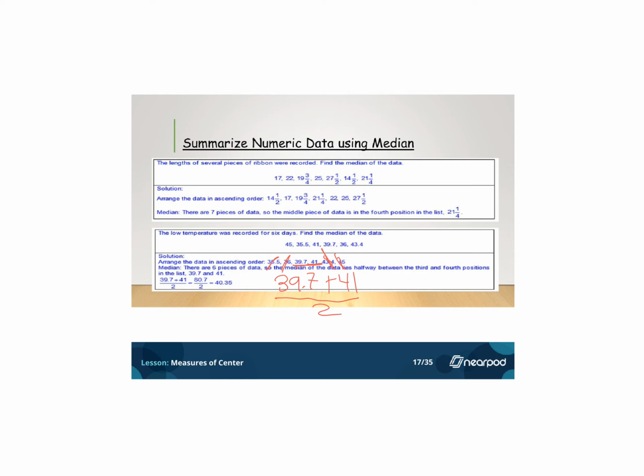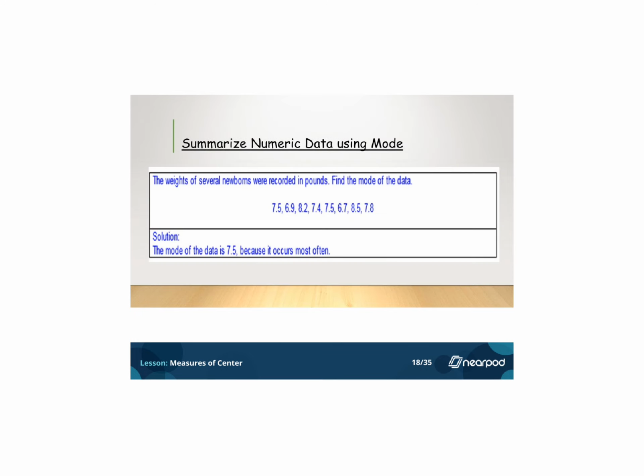So we see right here, they have 39.7 plus 41 divided by 2. When you add those together, you get 80.7. Then you divide it by 2, it gives you 40.35. So again, you only add the two numbers in the middle if you have two numbers left in the middle.